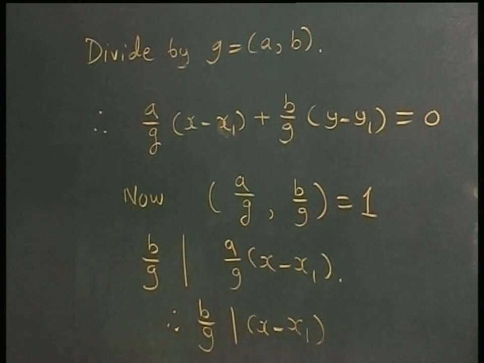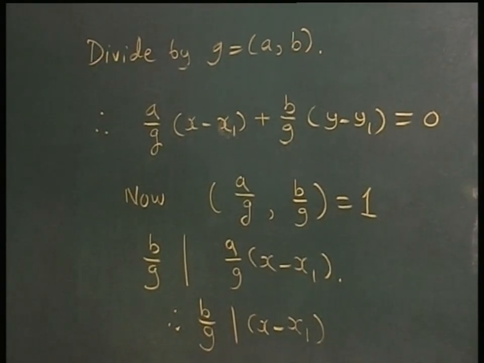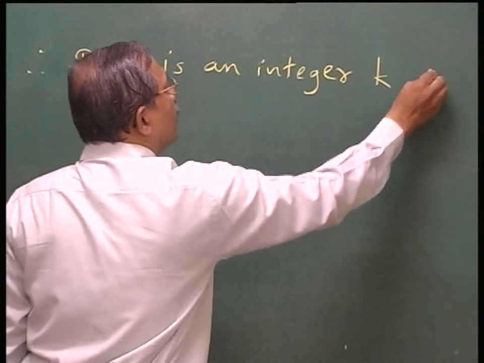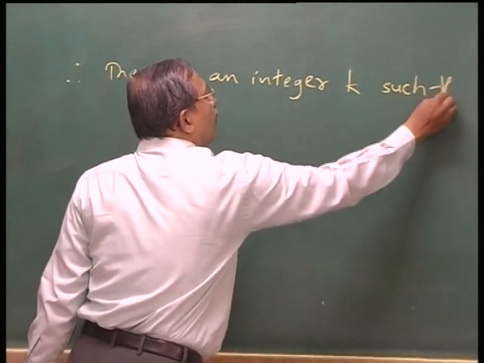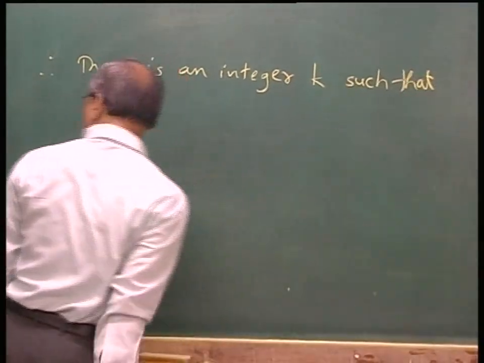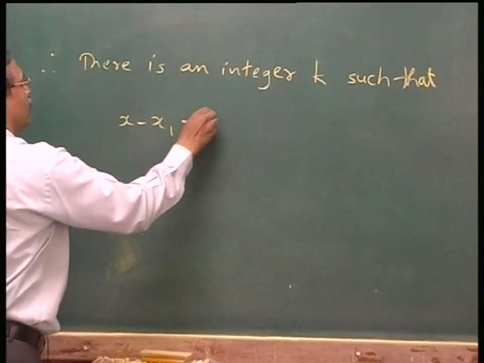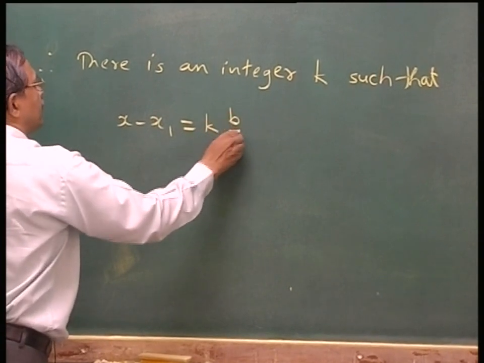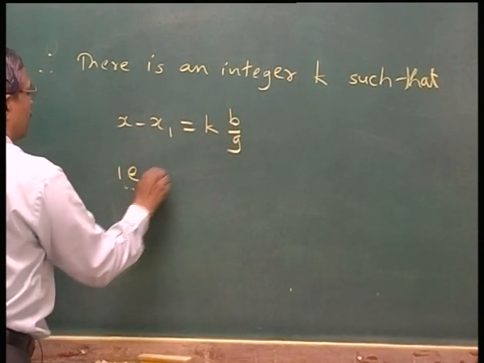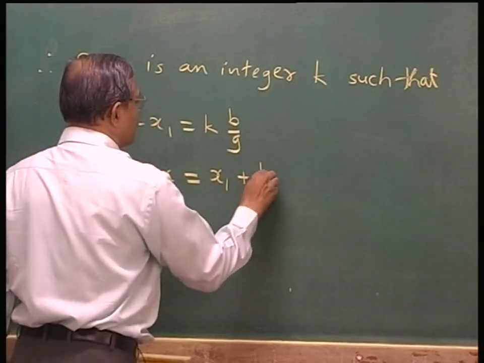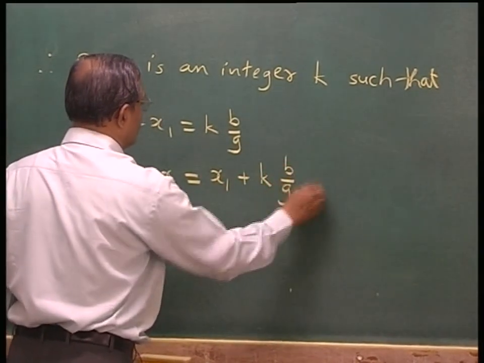Therefore, there is an integer k such that x minus x1 is equal to k times b by g, that is x equal to x1 plus k b by g.